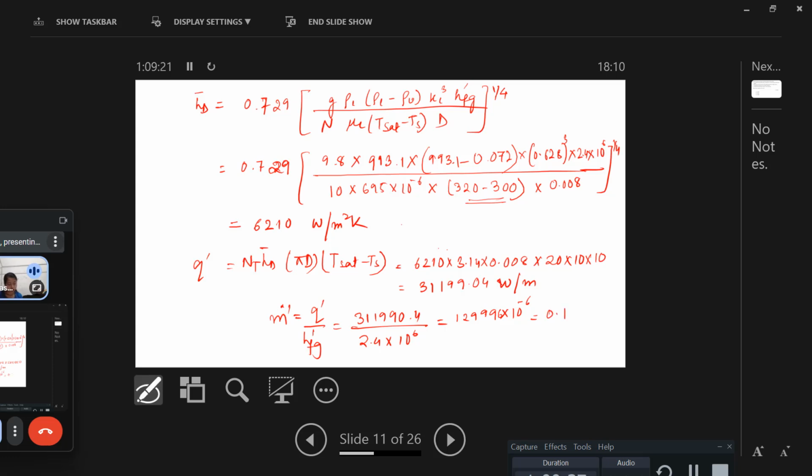So we'll get it as 0.129 kg per second meter.